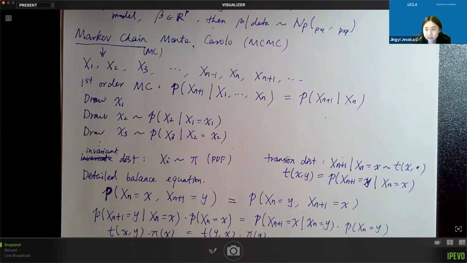Then what you can do is find an envelope density, which means that density, subject to a constant, can cover your target density, and you can easily sample from it. Then you can use rejection sampling. You sample from the envelope density, and for every value you sampled, you have a certain probability of accepting it, and that probability depends on the ratio of your target density and the envelope density.